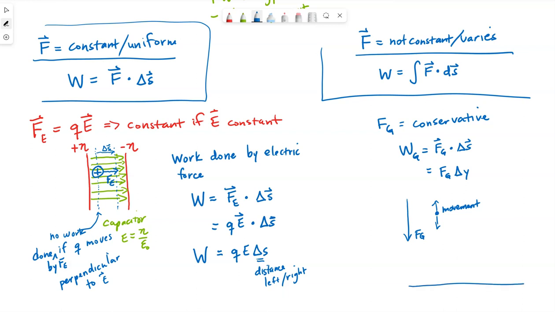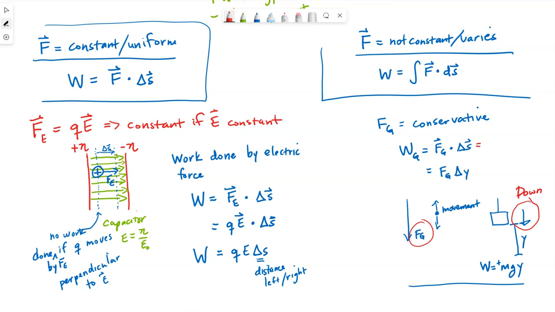So, for example, if we were talking about an elevator car that was moving, say downwards, we would only care about this y direction, how far it moved vertically, and we could say that the work done by gravity would be the force, mg, and then this y distance. This work would be positive if the elevator moved downwards, because the force and the displacement were in the same direction.